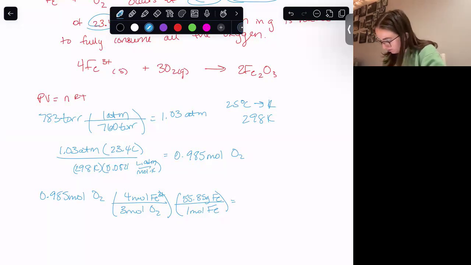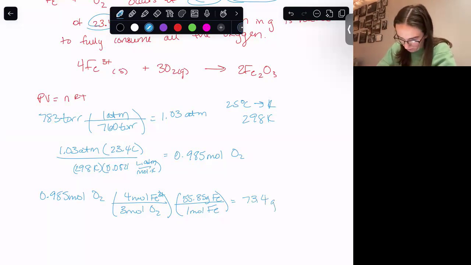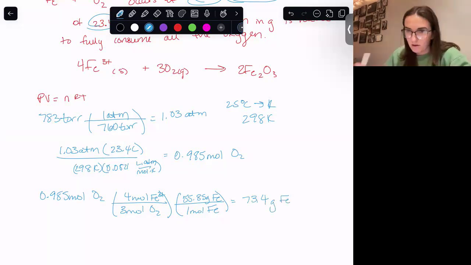So I got 73.4 grams of iron. So whoever asked that, hopefully that helps.